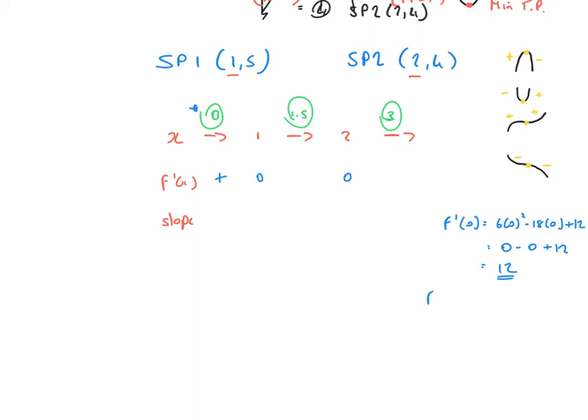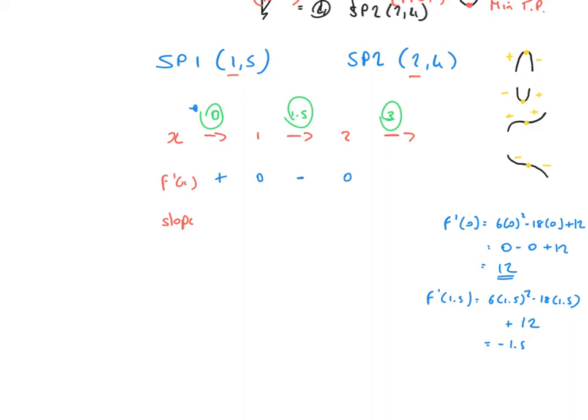Let's now try it for 1.5. So at this point we'd use the calculator. Okay, so that's 6 lots of 1.5 squared minus 18 lots of 1.5 plus 12. Now, when I put all that in, I get minus 1.5. So the important thing there is that it is a negative result.